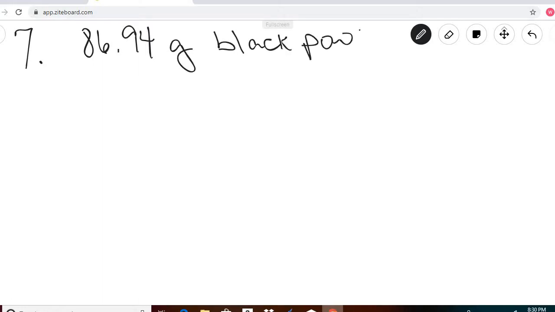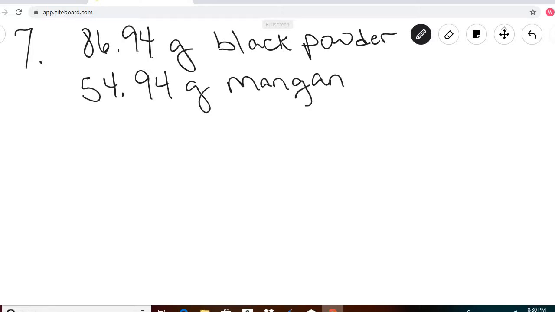And we are told that that black powder is made by reacting 54.94 grams of manganese and 32.00 grams of oxygen.